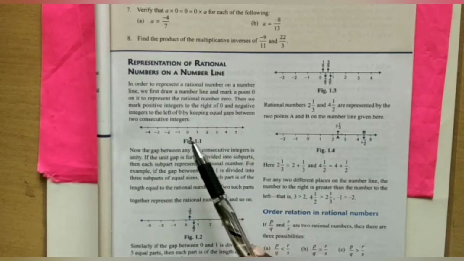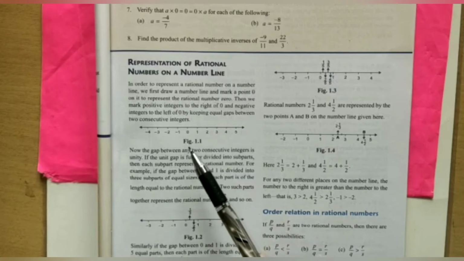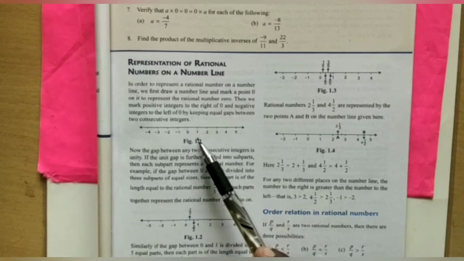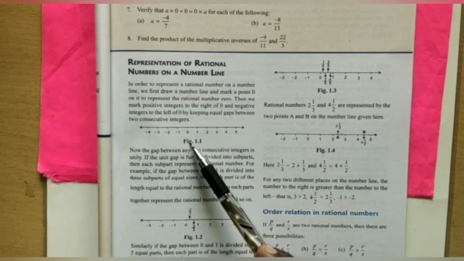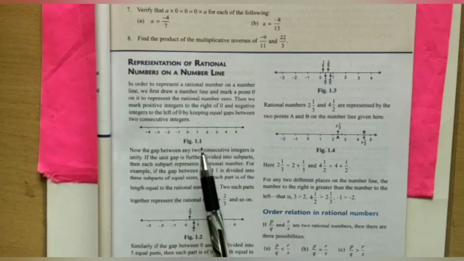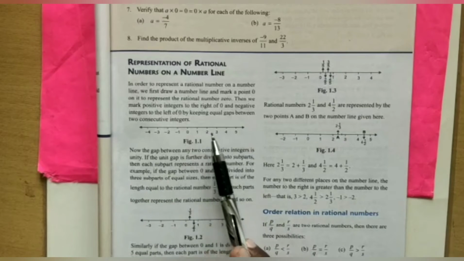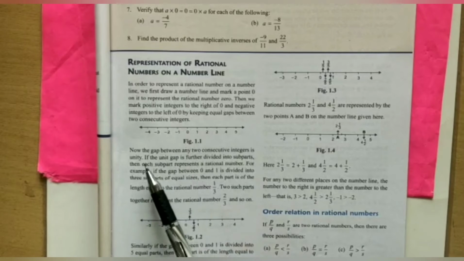We know that 0 is a rational number because it can be written in the form p by q, where q is not equal to 0, for all p, q belonging to integers. The gap between any two consecutive integers is equal, it is unity, right?